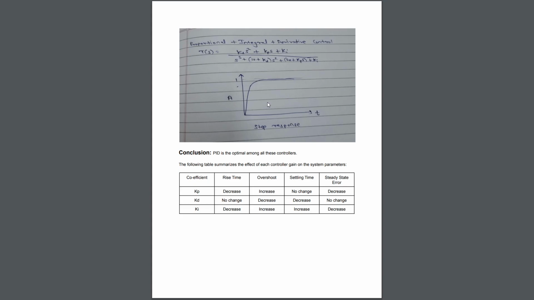Basically, analyzing the step response, we can see that the closed loop system has no overshoot. It has a faster rise time, because starting from zero, our system is able to attain the set point very quickly, and there is no steady state error.